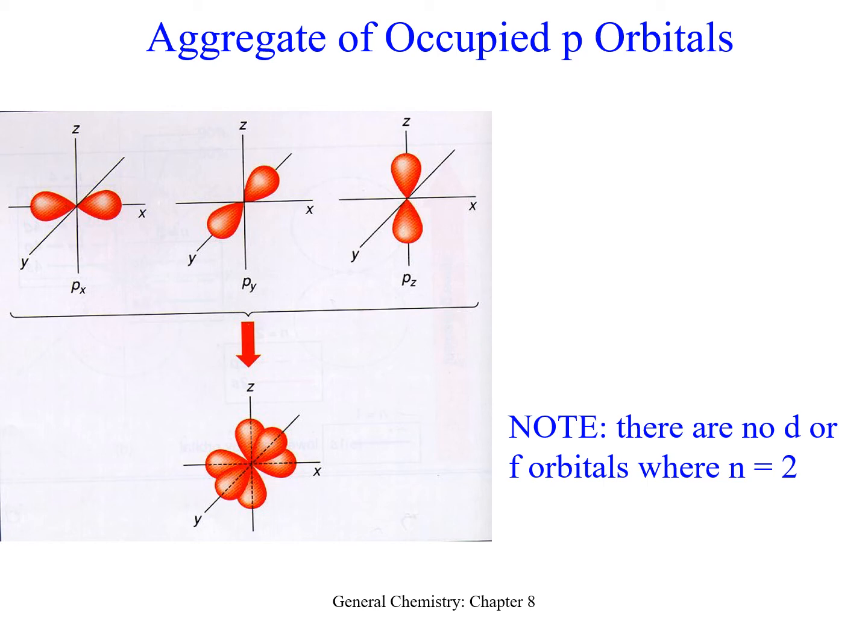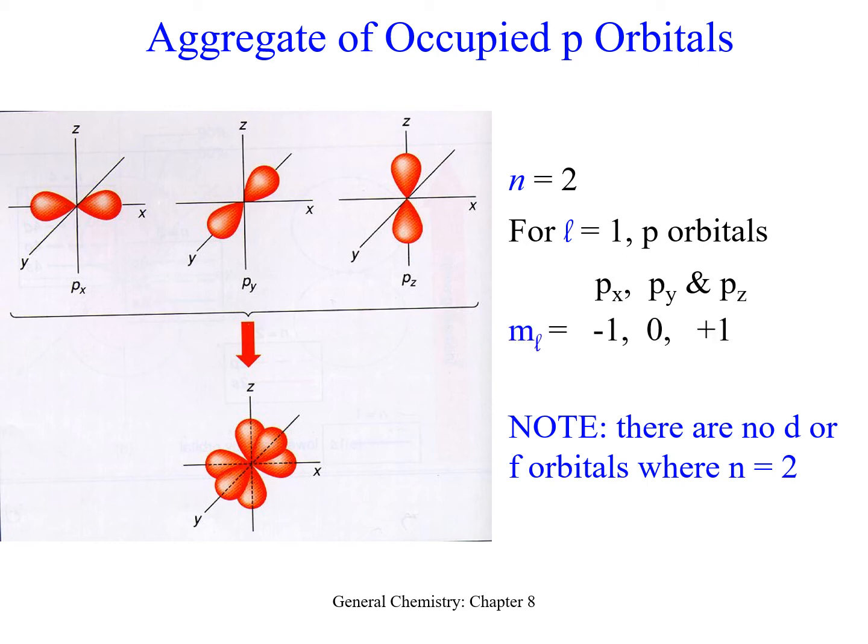If you put them all together, that three-dimensional entity is what it would look like. And so where n is equal to 2, L is equal to 1 for p orbitals, we have px, py, pz, and m sub L can be -1, 0, and +1. Each m sub L designates a different orientation. They have no arithmetic value, they're just designators for orientation.